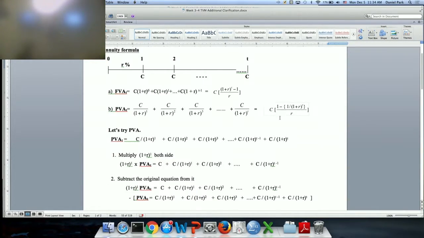Then to make one simple formula from these multiple terms, multiply by 1 plus R on both sides.